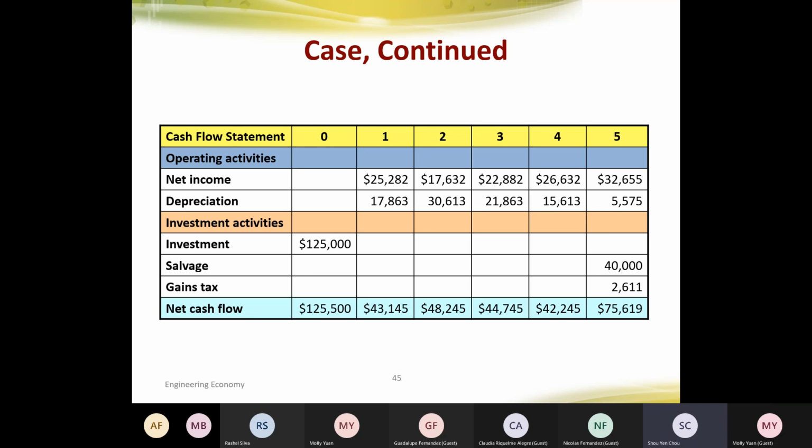Remember, we have operating activity, investment activity. We could have financing activity, but now we only have investment. So that we can compute net cash flow here. And these are like salvage value and gain tax from salvage value, and so on. These numbers we have seen previously in the earlier example, when we considered depreciation and salvage value.